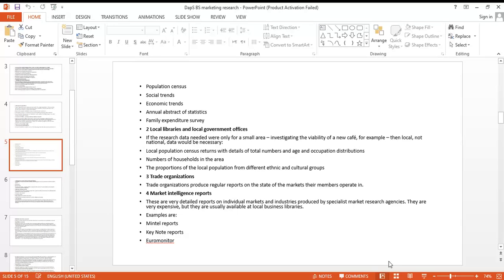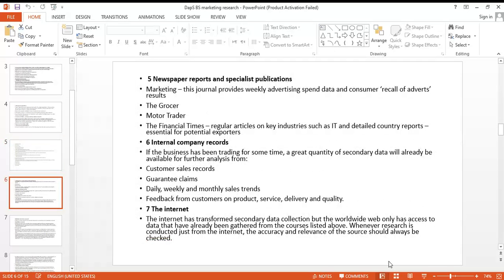Then there are market intelligence reports. There are agencies that actually keep an eye on the market and the market trends, and they issue reports. A classic example is Euromonitor. These provide market intelligence. Then there are newspapers. Of course, these days newspapers have also become digital.